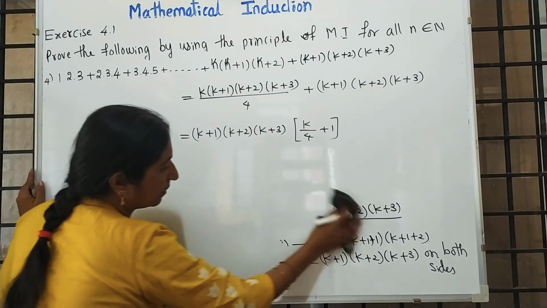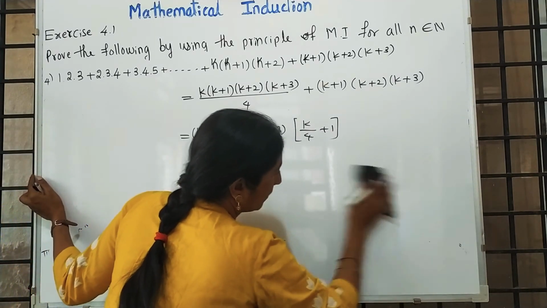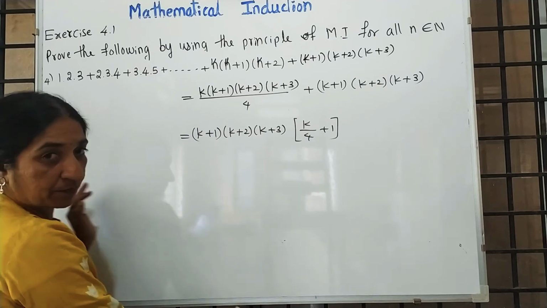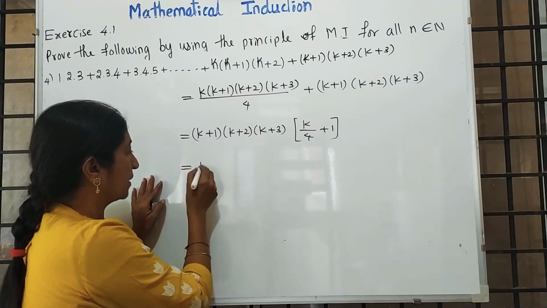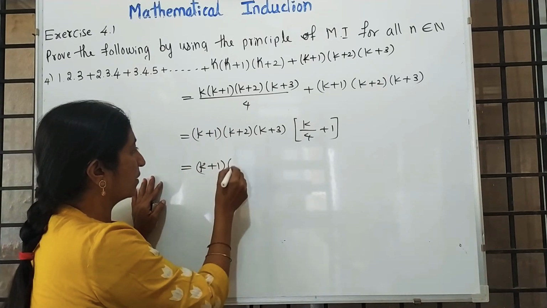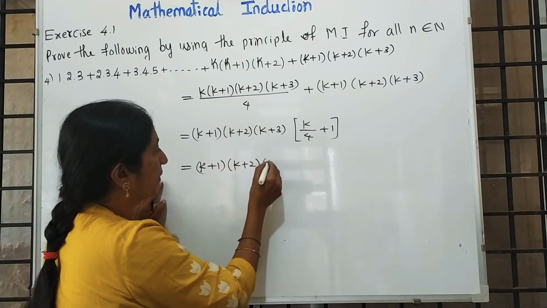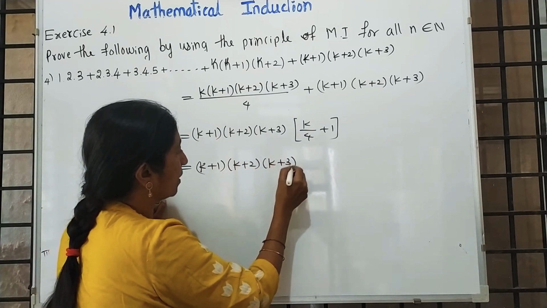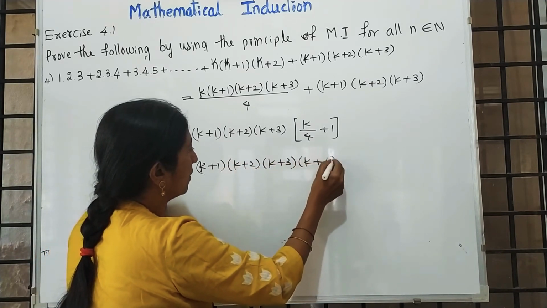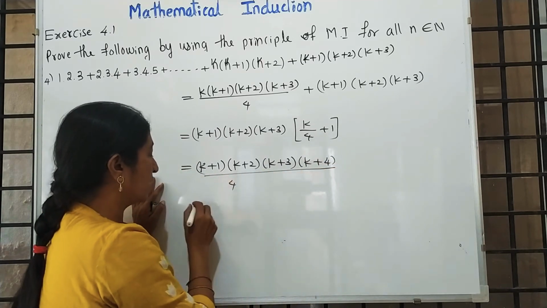Now take the LCM. LCM is 4. It is k plus 1, k plus 2, k plus 3, k plus 4 divided by 4.